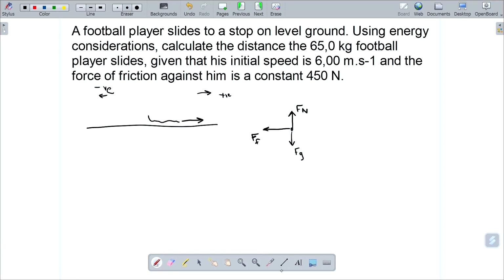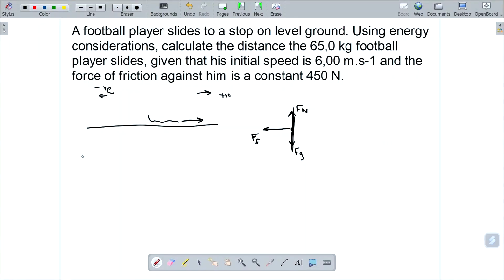Now what's important here is that these two forces are in the vertical direction. They are not in the direction of motion, and therefore they do not contribute to the work done on the footballer.